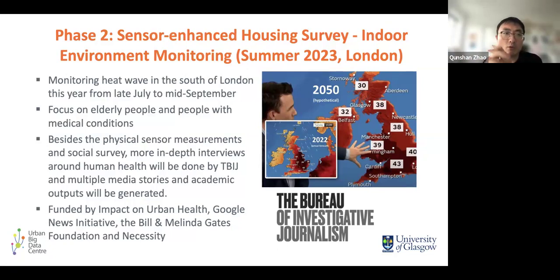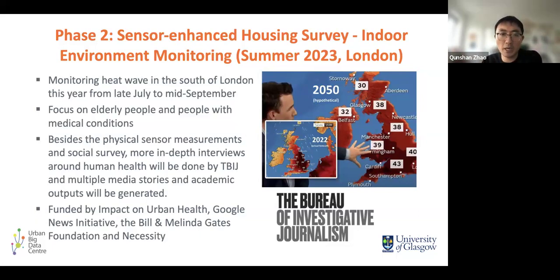We focused on elderly people and people with medical conditions. Besides the physical sensor measurements and the social survey we had done before, because they are journalists, they actually went into people's homes and did a series of more in-depth interviews with them.